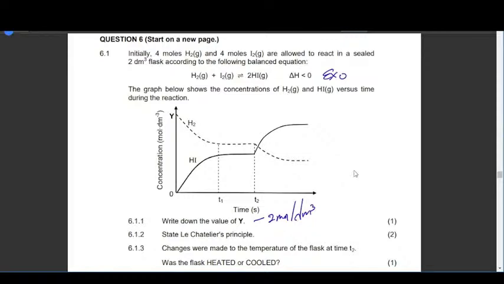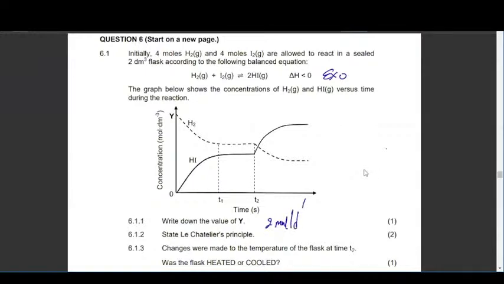Some people might ask, where am I getting this? Concentration is equal to number of moles over volume. So you have the number of moles, which is 4 divided by 2, which gives me the concentration to be 2. Yeah, so just in case that you didn't get it, how did I get that? Okay. So that's why I'm saying that the answer is going to be 2 moles per decimeter cubed.